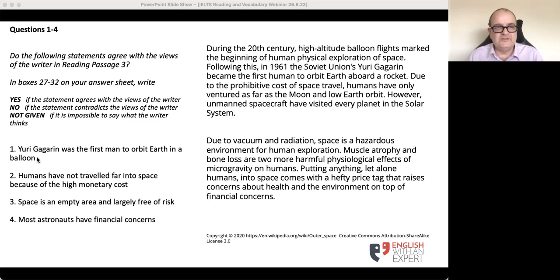If in the text you can find Yuri Gagarin and it says that Yuri Gagarin orbited, but it might be a synonym, it might say went around instead, and the same sentence says he was in a balloon. So those are the key words, the subject, the verb, and the object. If it says all 3 of those, then it's yes. If it says something else, not a balloon or not Yuri Gagarin, then it's no.